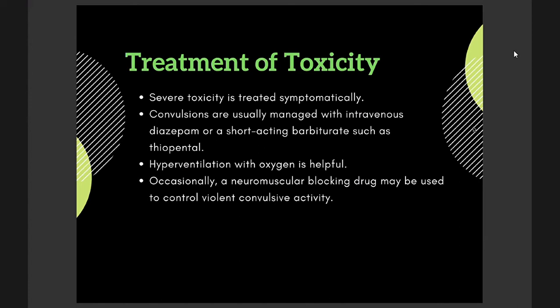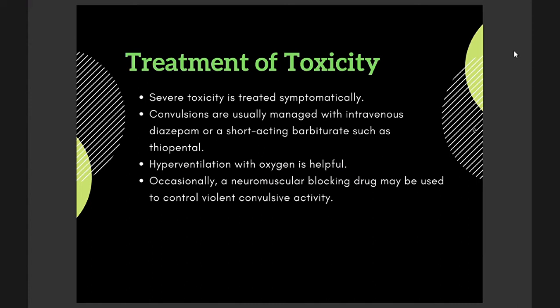Diazepam, being a mild cardiovascular depressant, doesn't cause so much hypotension. So diazepam is the ideal or the effective drug to stop convulsion. If you are to choose between diazepam, barbiturates, and propofol, then you have to choose diazepam.